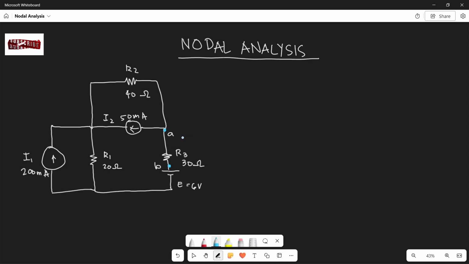The first step in solving this problem using nodal analysis is to convert this voltage source into its equivalent current source to make the solution easier. This voltage source will become a current source with a shunt resistance, something like this.